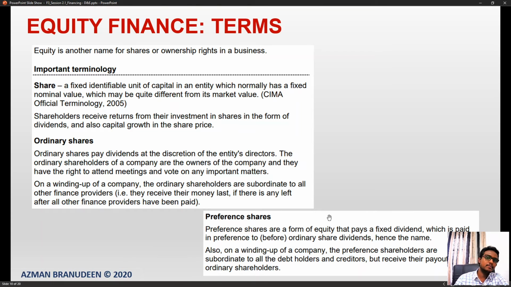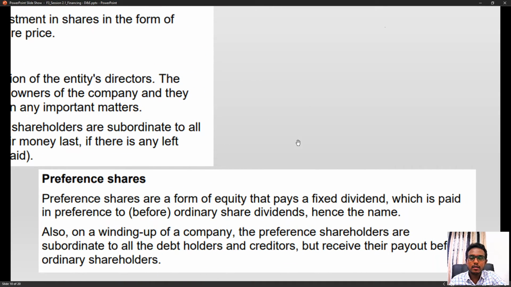Right. That brings us to also a quick look at preference shares. Now, preference shares are a form of equity that pays a fixed dividend, which is paid in preference to, before, ordinary share dividends, hence the name. So they are a little above ordinary shareholders in terms of preference. And on a winding up of a company, the preference shareholders are subordinate to all the debt holders and creditors, but receive their payout before ordinary shareholders.